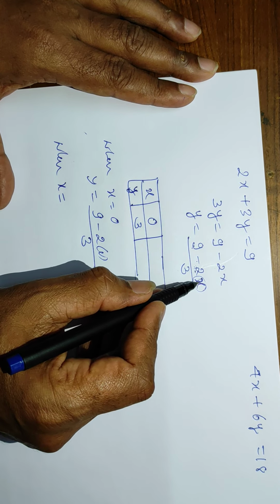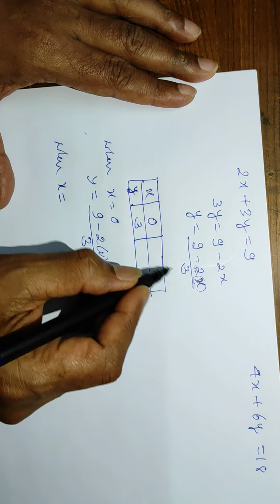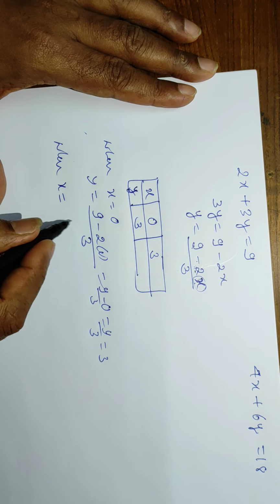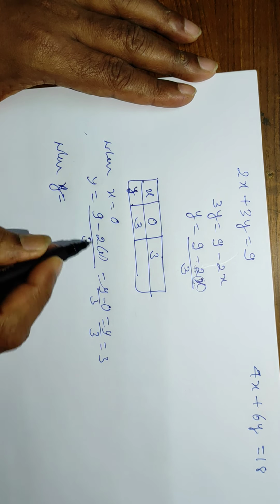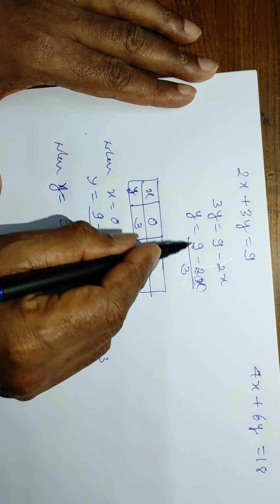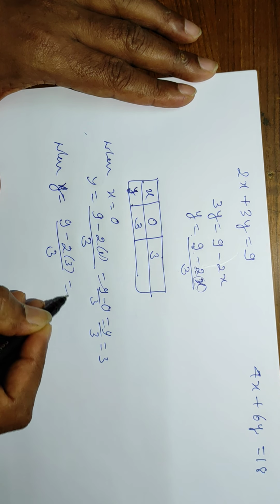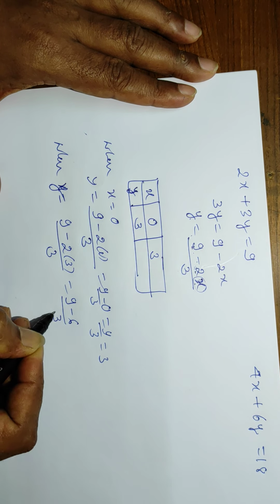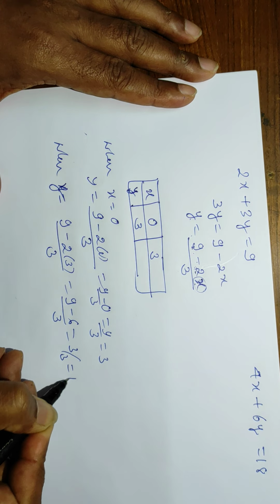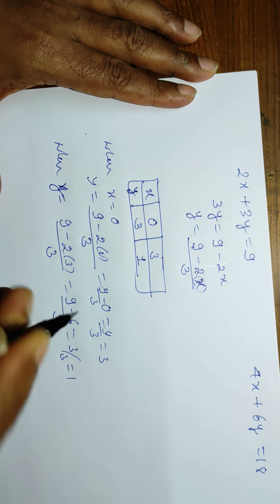So, if it is 3, what happens? When x equals 3, y equals (9 minus 2 into 3) by 3. That is (9 minus 6) by 3, 3 by 3, that is equal to 1.